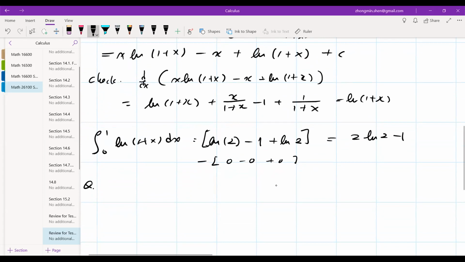The next question is: set up iterative integrals for both orders and evaluate the double integral using one of the orders.